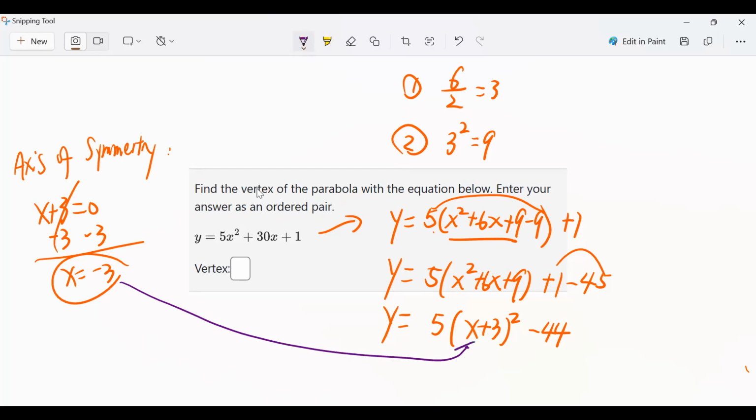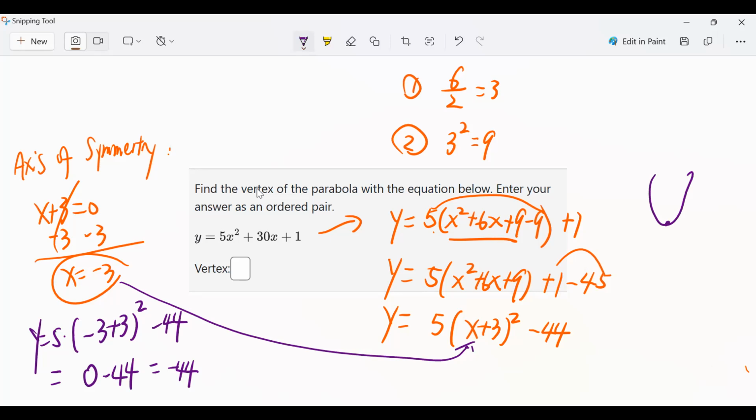The y value equals 5 times (-3 plus 3) squared minus 44. This is 0, so it will be 0 minus 44, negative 44. This parabola also opens upward, so the vertex is the minimum here. So it will be (-3, -44).